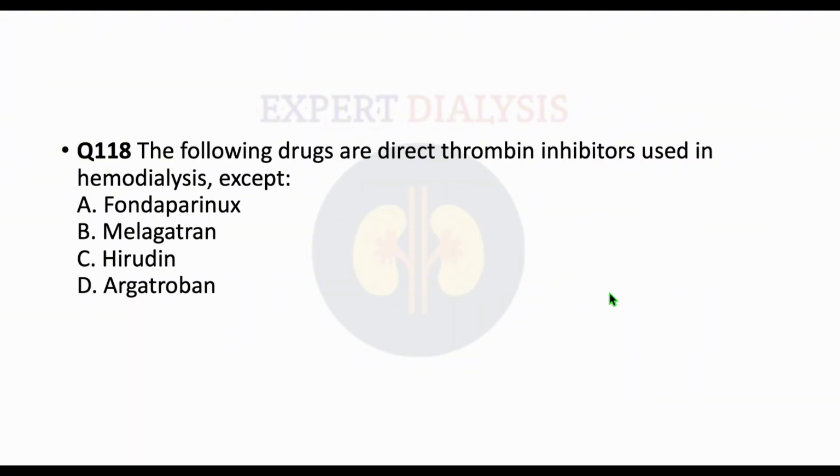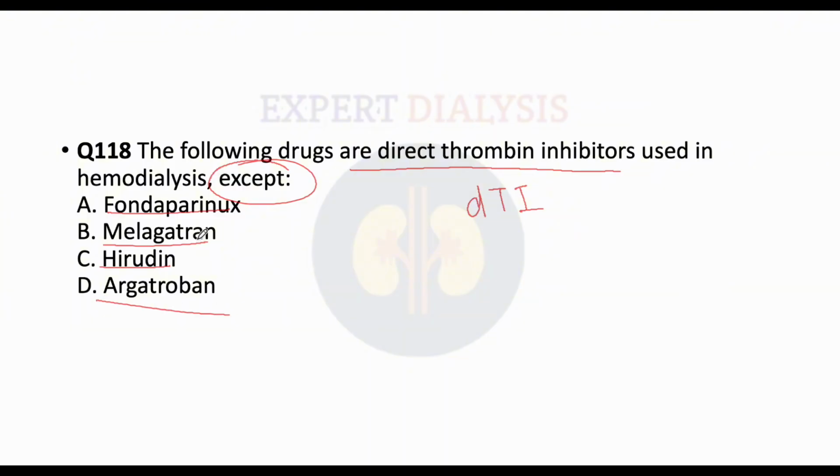Moving to the next question, it says the following drugs are direct thrombin inhibitors, these are DTI used in hemodialysis, except, so we have to tell the one which is not a DTI. Option A is fondaparinux, option B is melagatran, option C is hirudin, option D is argatroban.